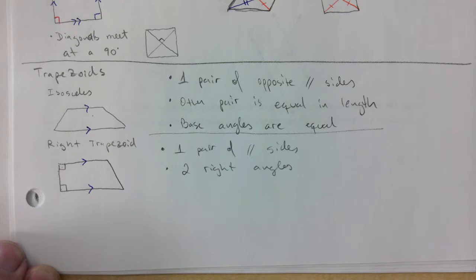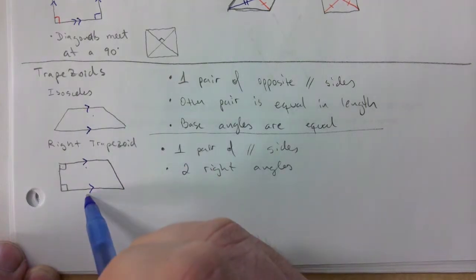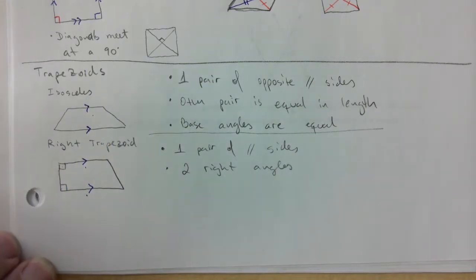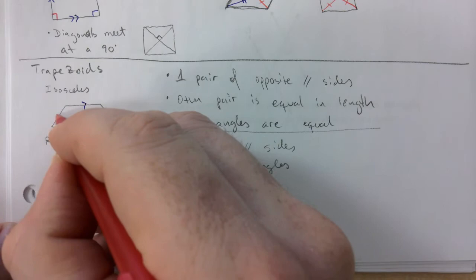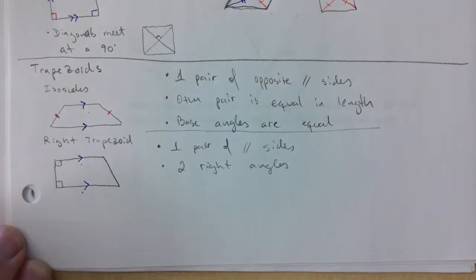I would strongly encourage you to try to summarize this on your study sheet. It'll be helpful, at least the diagrams perhaps. And so we know that they both have one pair of parallel sides. We know for an isosceles trapezoid that this side measures the same as this side, okay?